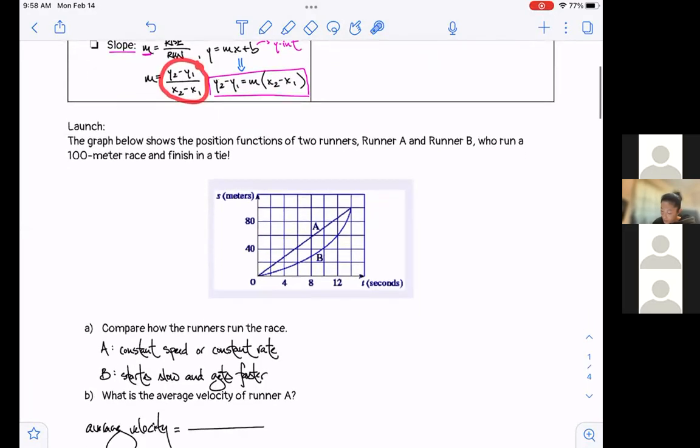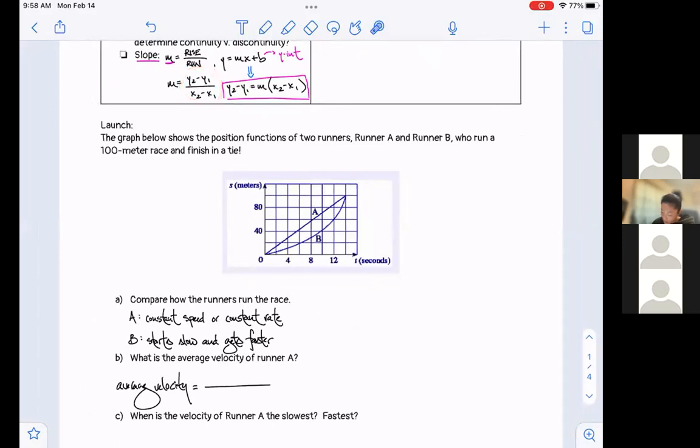How does that apply when we want to find the average velocity of runner A? Can't we just take where they were at the beginning of the race and compare that to the end? So 0, 0 for the first point, and then 100 and 14 for y2 and x2.